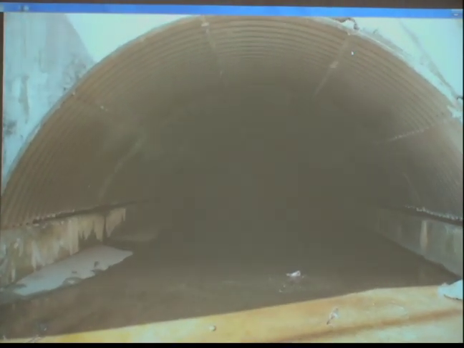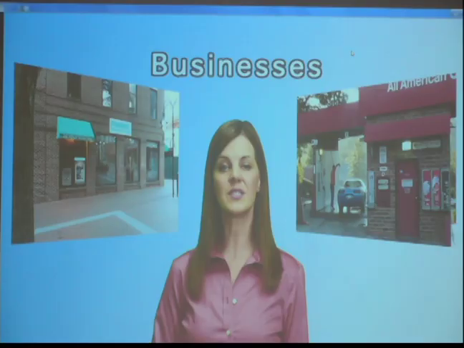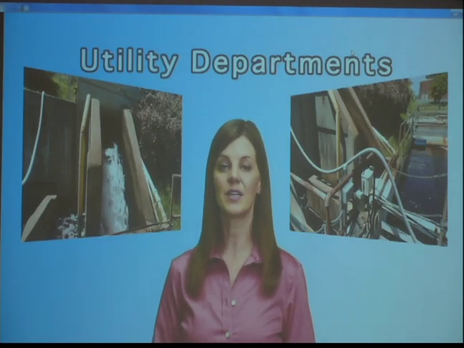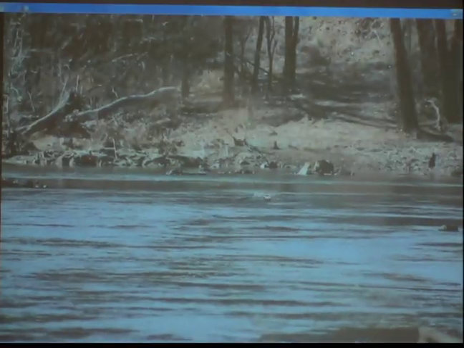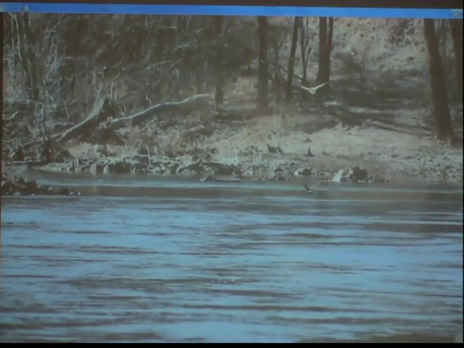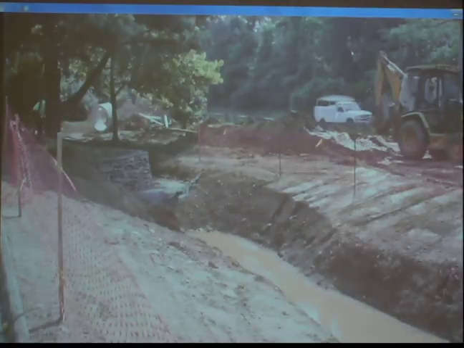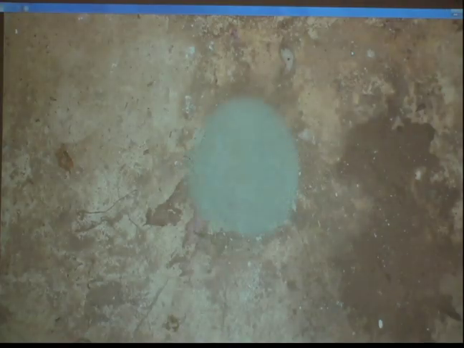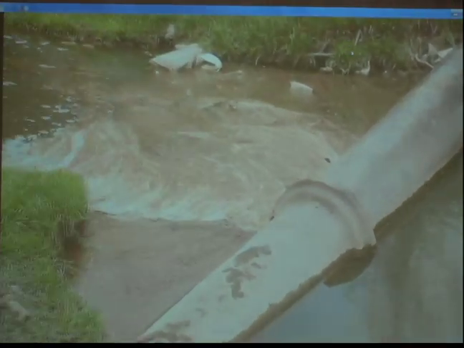So how do we eliminate these culprits? Because many sources of pollution are hidden from everyday view, eliminating illicit discharges involves working with businesses, homeowners, local governments, utility departments, and watershed groups to restore and protect clean waterways. It can involve redirecting pipes and drains to the sanitary sewer, plugging floor drains, fixing sewer line leaks, and other practices.